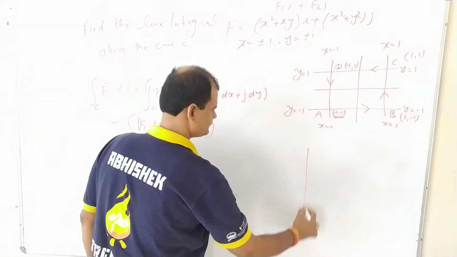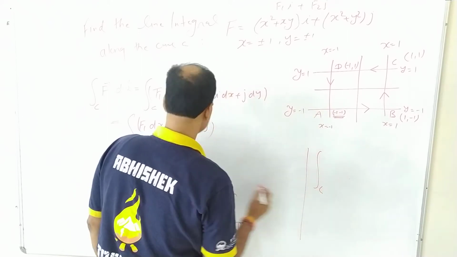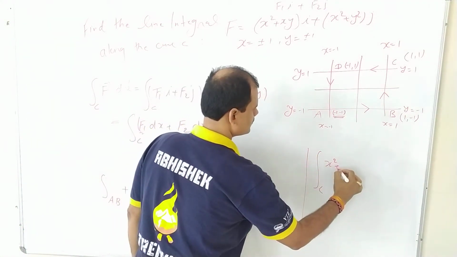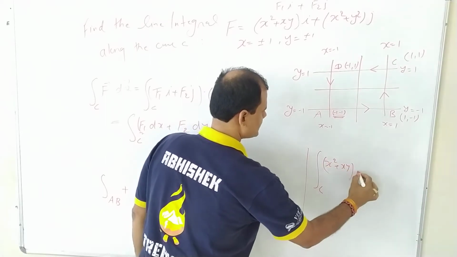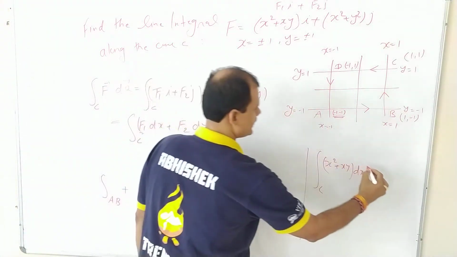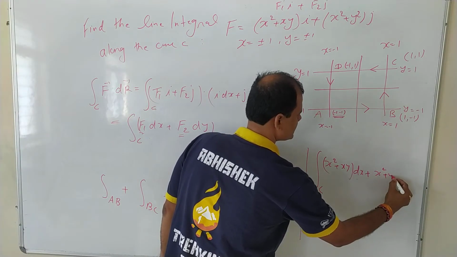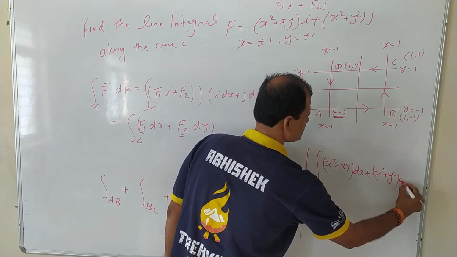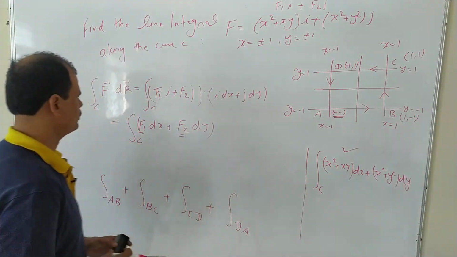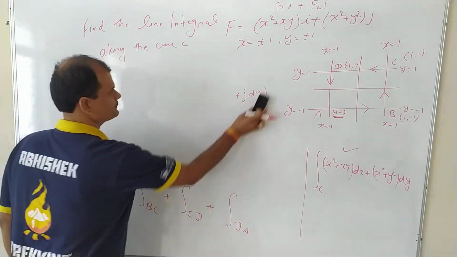I will write here: f1 is x square plus xy dx, plus f2 is x square plus y square dy. So we are going to find this integral along all the 4 lines. Let us see one by one.